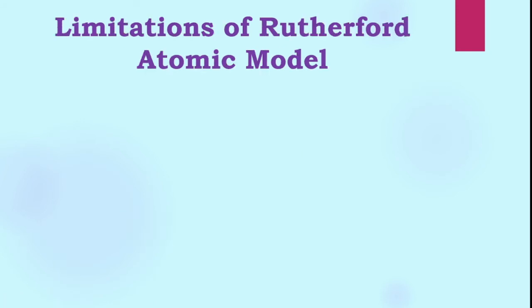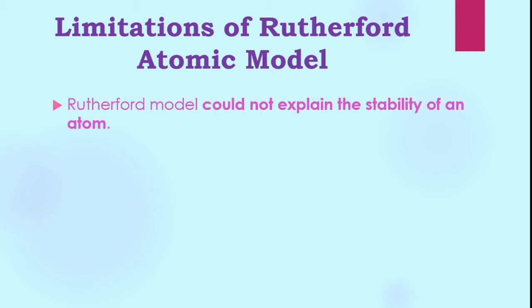Now, what are the limitations of the Rutherford atomic model? The Rutherford model could not explain the stability of an atom. Now we have to discuss what the stability of an atom is and how stability is not maintained in the Rutherford atomic model.